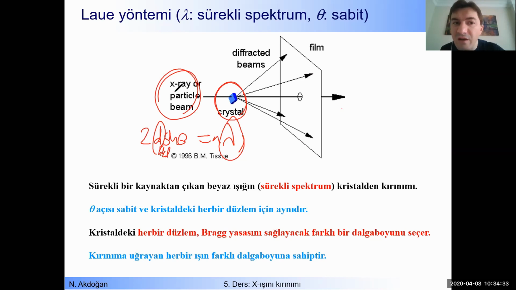So each wavelength within that X-ray source selects special planes which produce X-ray diffraction. Then we get diffracted beams at certain points on the photographic film.